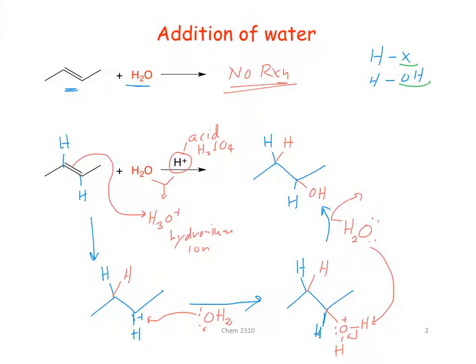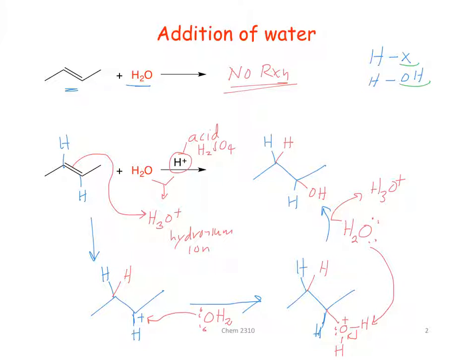And when this water molecule picks up its H, it forms hydronium ion, and that hydronium ion can go back over here and react with another alkene. So the catalyst is getting consumed, but it's regenerated over here, so it's never completely used up in the reaction.